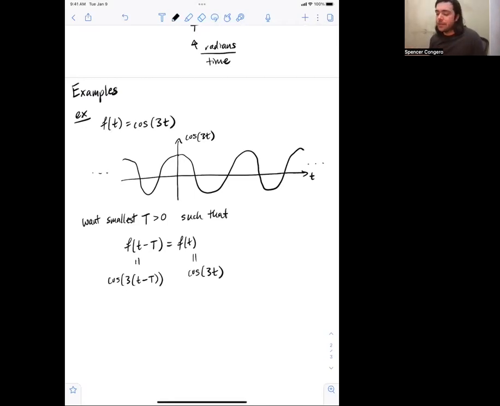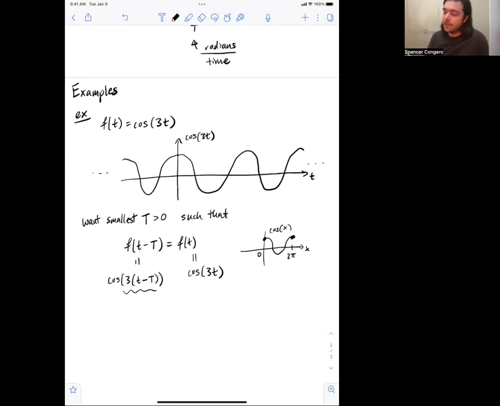Okay. So what has to be the case in order for cosine of some argument to equal cosine of some other argument? Well, I think everyone knows for just the normal cosine function, it's 2 pi periodic. Okay, so it repeats every integer multiple of 2 pi. It's like cosine of x.